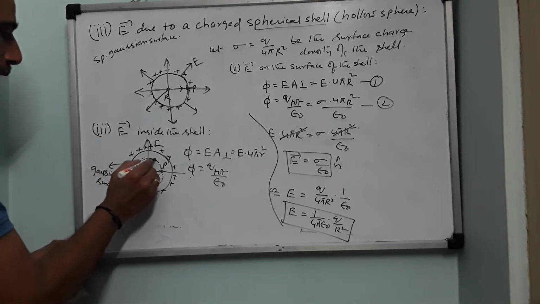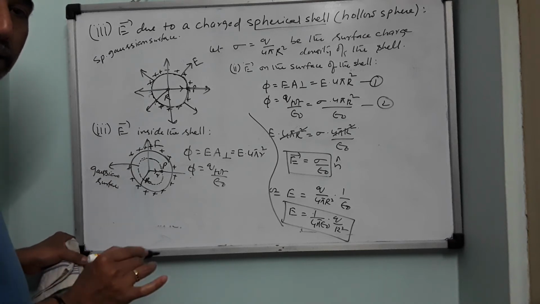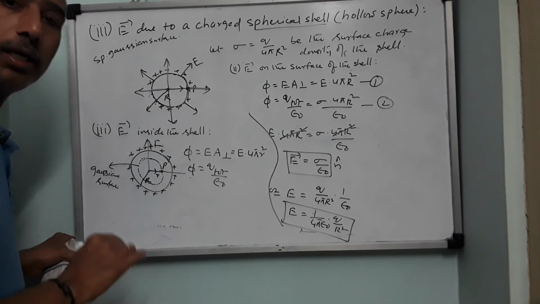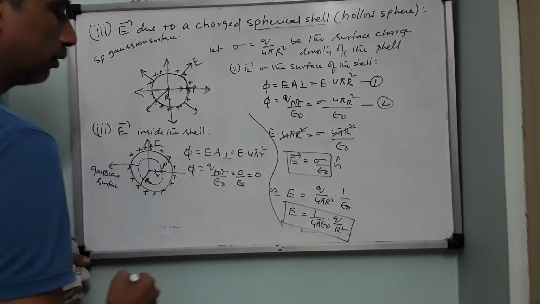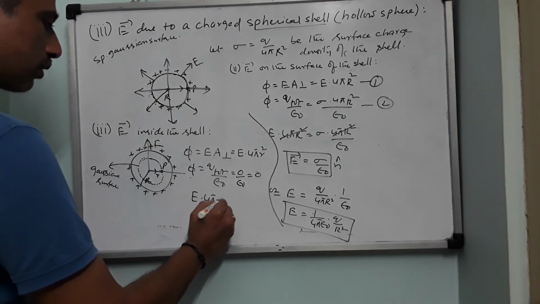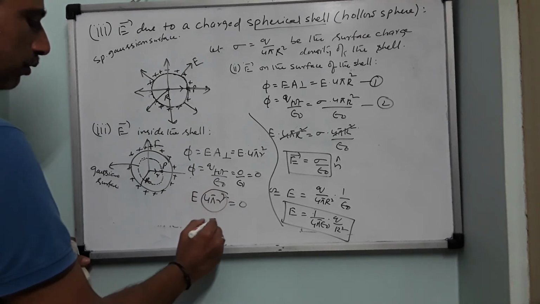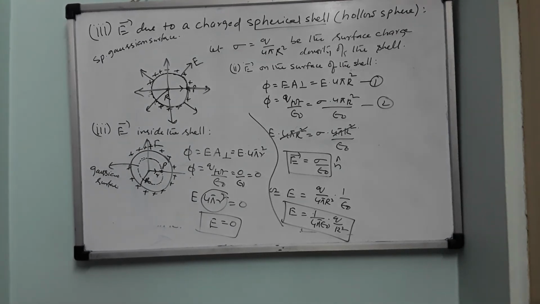The charge enclosed by the Gaussian surface drawn inside the shell is 0. So this is 0 by epsilon naught, equals 0. So from 1 and 2, E into 4 pi r square equals 0. 4 pi r square can never be 0. Therefore, E must be 0. It is a zero vector.